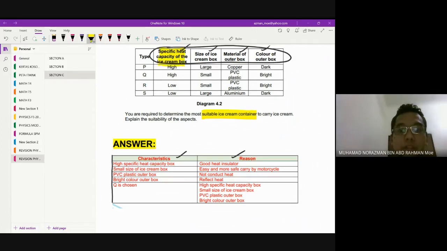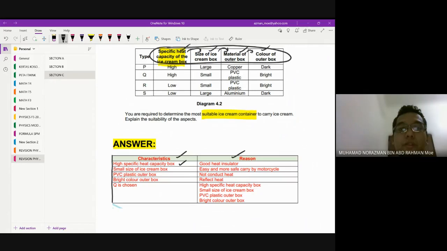We answer the first one: specific heat capacity of the ice cream box. Which one is better? We use a high specific heat capacity box. Don't write just high specific heat capacity, because then the question does not know which characteristic you are explaining.